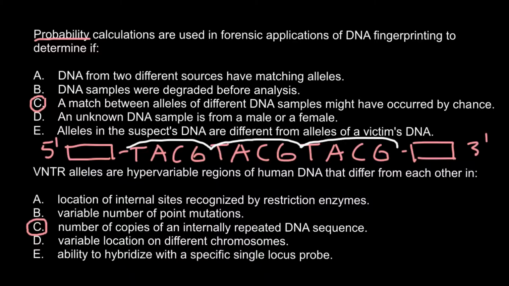And as I said, because we have all chromosomes in pairs, one copy comes from the mother's side, another from the father's side, we may have at the same locus on the same pair of chromosomes a different number of tandem repeats. For example, on the chromosome from the mother we may have 3 repeats, and on the homologous chromosome from the father we may have 5 repeats.